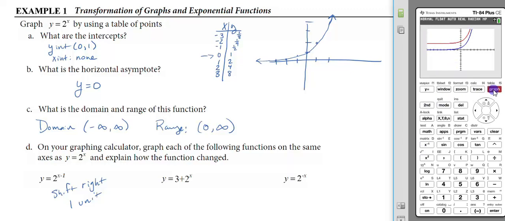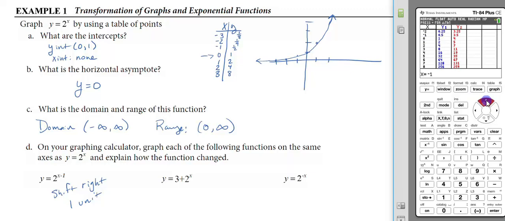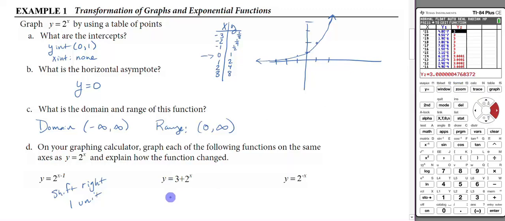You can see on the table of values, as x goes to negative infinity, this value is approaching 0, and this value is approaching 3. So this is a graph that has been shifted up 3 units.